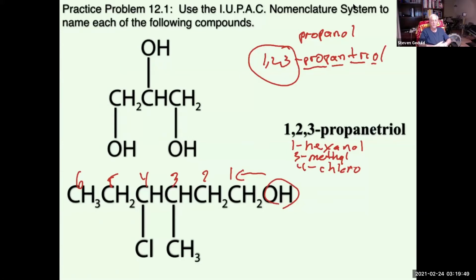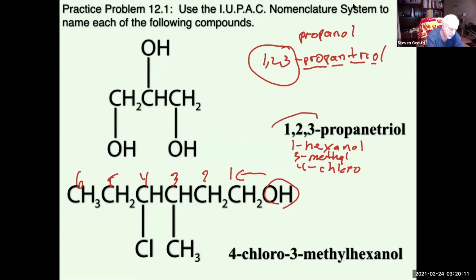Chloro, because it's alphabetical. So we end with 4-chloro-3-methyl-1-hexanol, or 4-chloro-3-methylhexanol. Again, when writing compounds, make sure you put commas between numbers and dashes between letters and numbers.